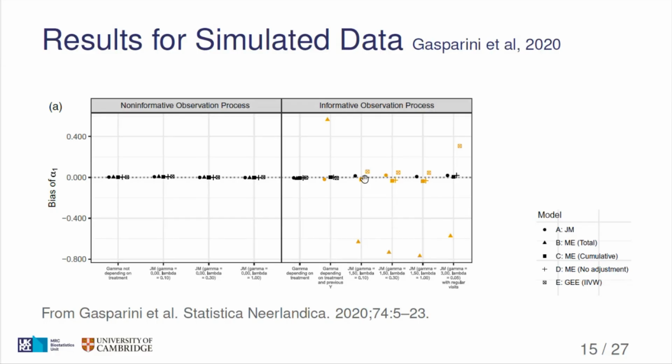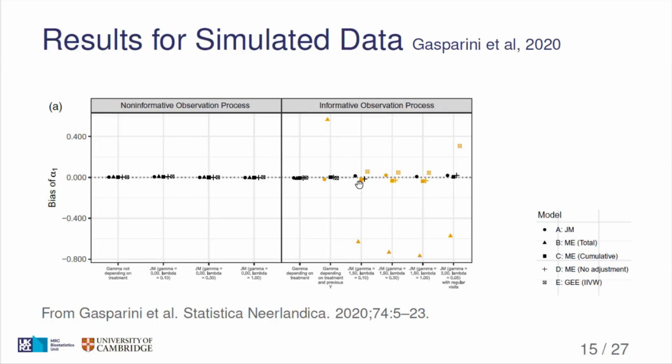For example, the lines from 3 to 5, the three models here that have been used to generate the data were all generated using a joint model with varying strengths of association between the visit and the longitudinal models.